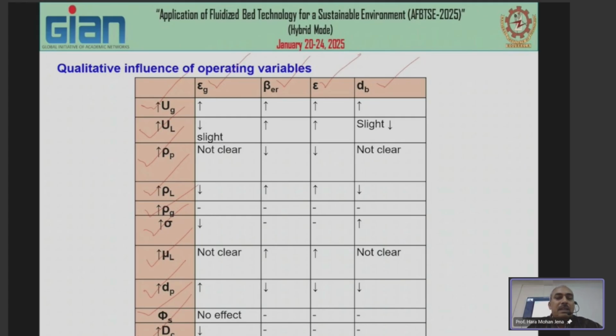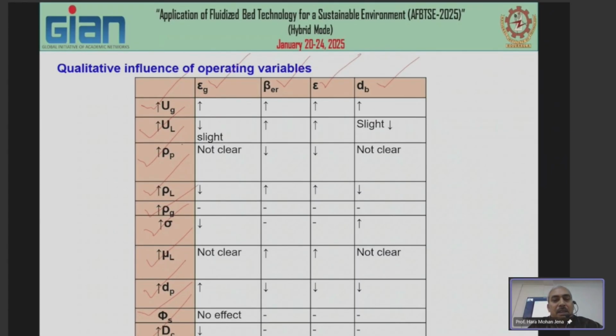With increase in the liquid velocity, the gas hold-up slightly decreases because the liquid takes down the bubbles in the bed a little faster than at lower liquid velocity. Bed expansion ratio increases with increase in liquid velocity, porosity increases, and a slight decrease in the bubble size is there.